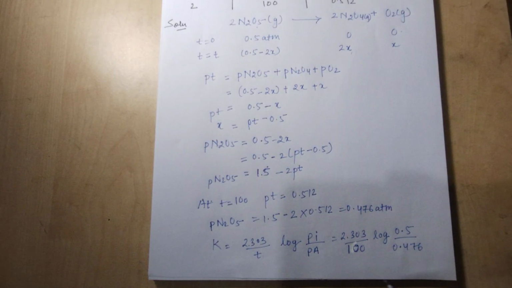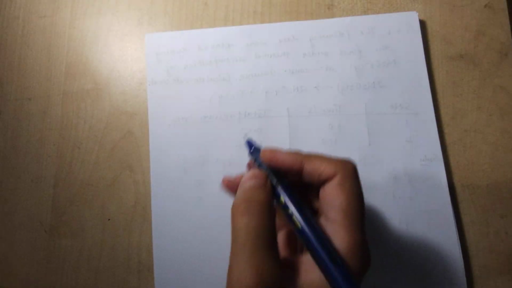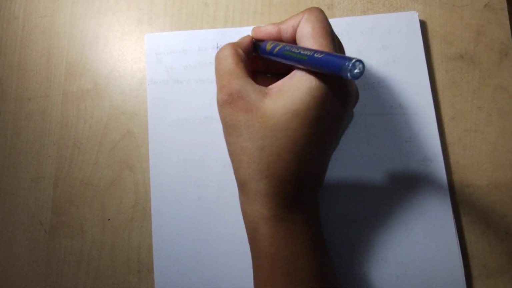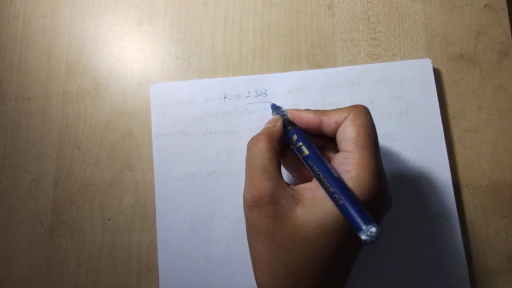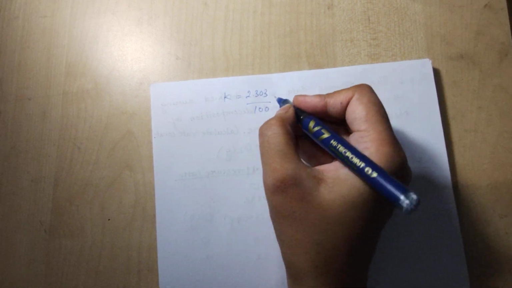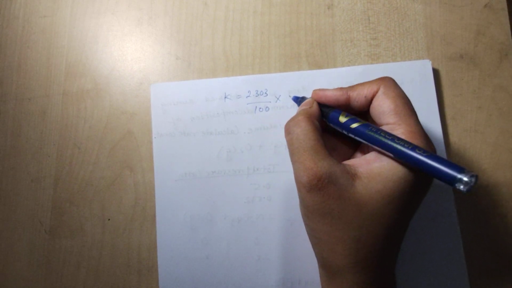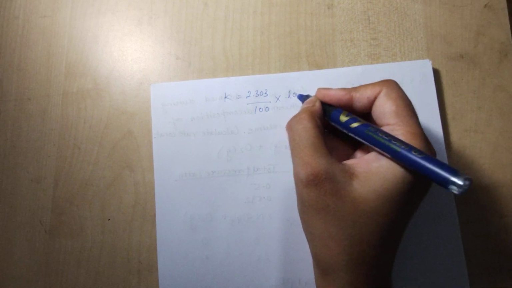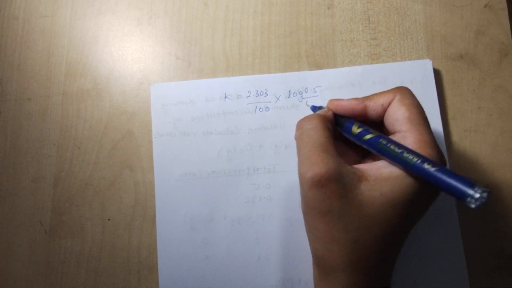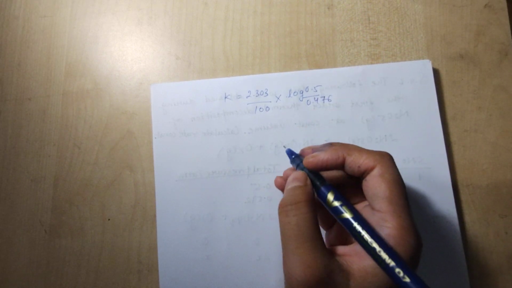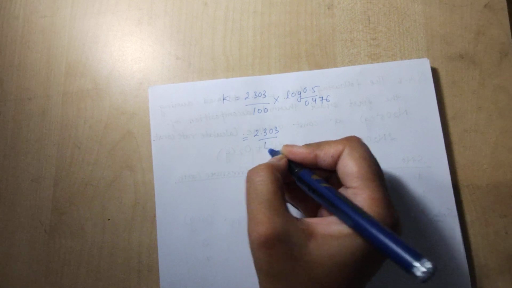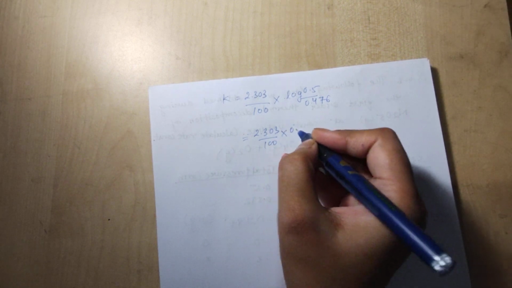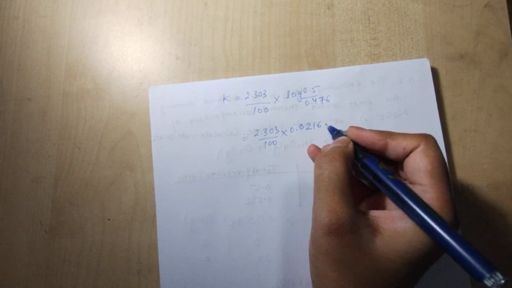After calculating all this, we get K is equal to 2.303 upon 100 into log 0.5 upon 0.476, that becomes 0.0216.